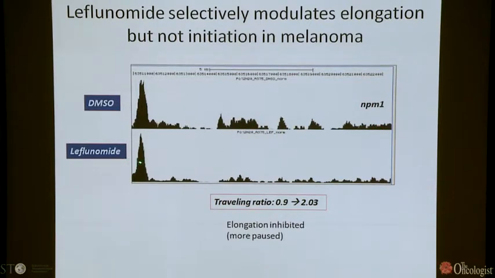In the presence of leflunomide, the POL2 promoter peak is identical, but what really changes is the amount of POL2 throughout the body of the gene. So this is a really good example where the traveling ratio increases, where it essentially affects promoter proximal pausing. It doesn't allow as much POL2 to escape the promoter region, and therefore leads to transcriptional pausing at this particular gene.